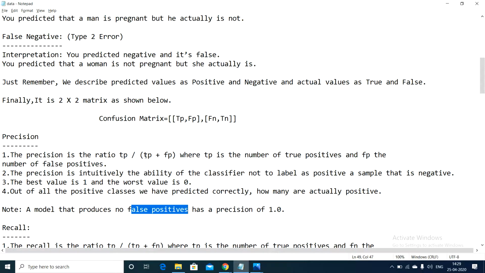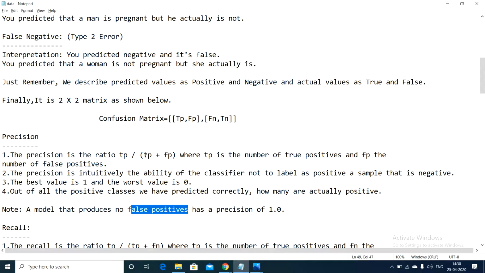So if our model predicts all true positive cases, if the woman is pregnant and the model also predicts pregnant, we will not have any false positive case. Then TP plus FP is just TP, so TP by TP becomes 1, and precision will be 1 in that scenario. So this is about precision.